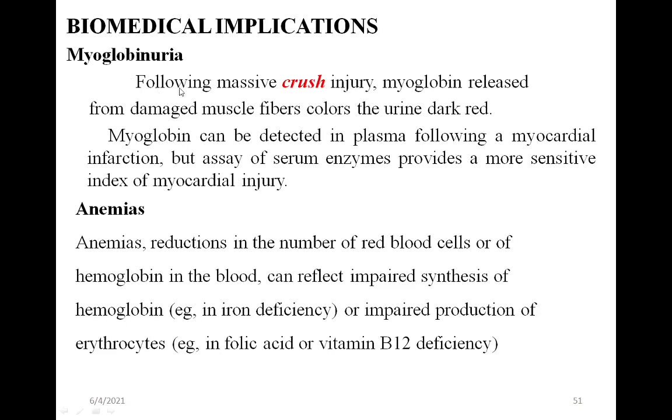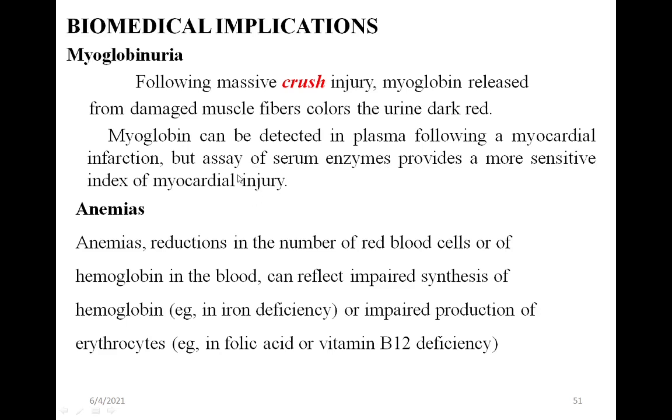Otherwise the rest of the structure is the same. Following a massive crush injury, myoglobin released from the damaged muscle fibers colors the urine dark red. Myoglobin can be detected in plasma following a myocardial infarction, but assay of the serum enzymes provides a more sensitive index of myocardial injury.